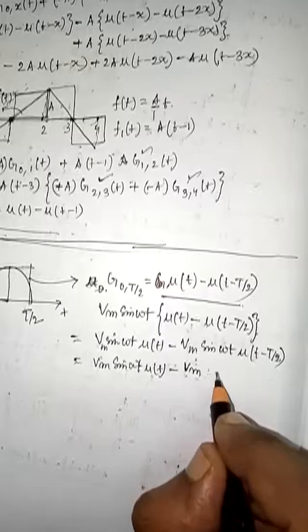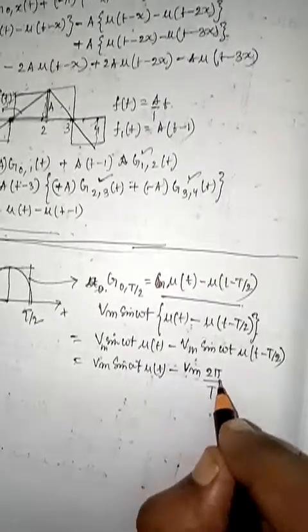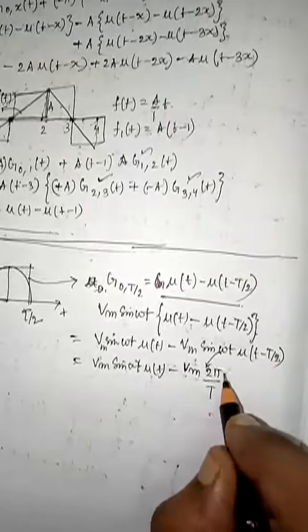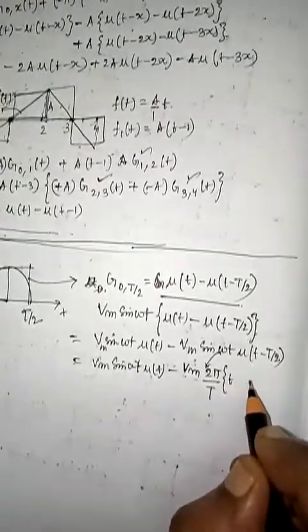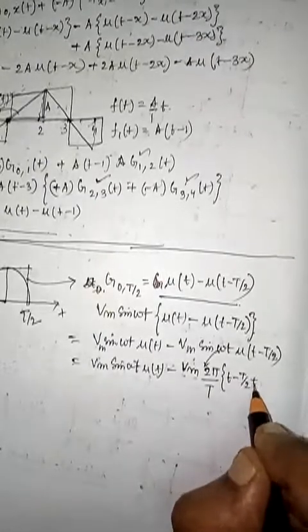If I take omega out, omega is 2 pi by capital T, and t can be written as t minus T by 2 plus T by 2.